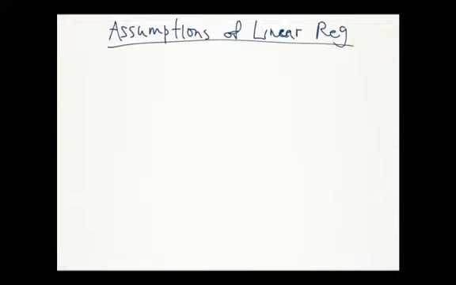There are 4 key assumptions. The first one is independence. What do we mean by that? We mean that, for example, my age and BPF will not impact your age and BPF.